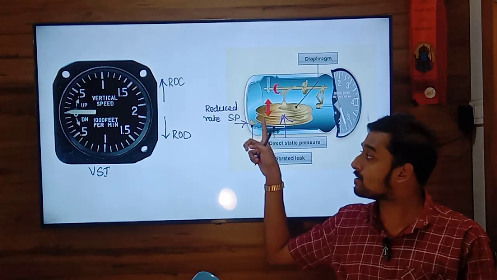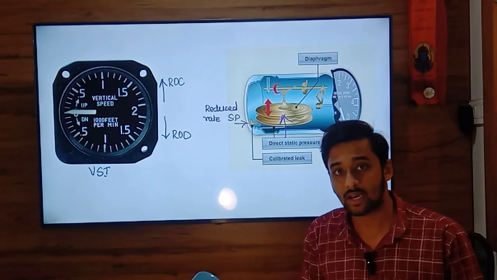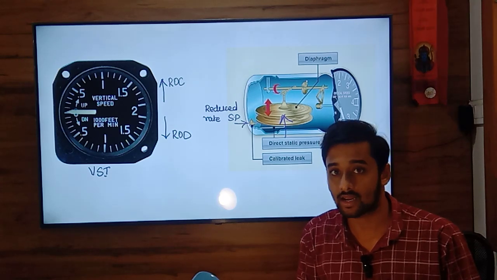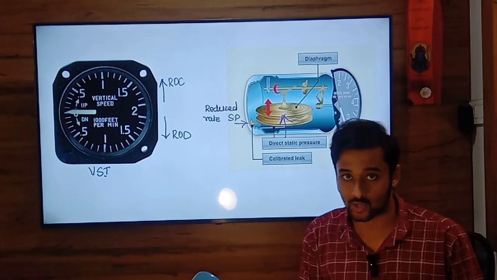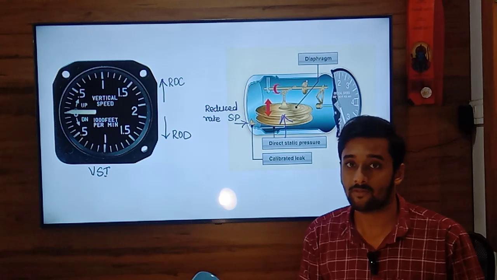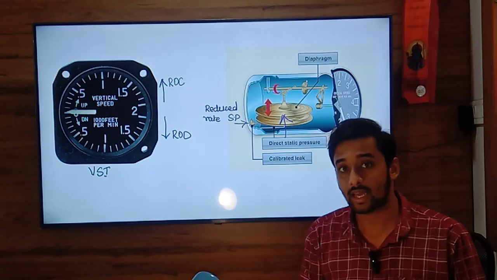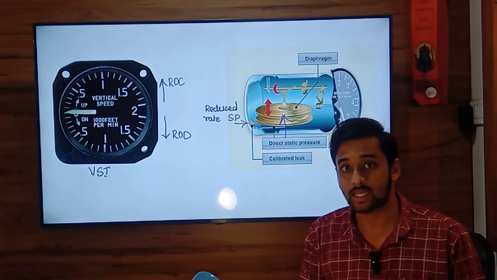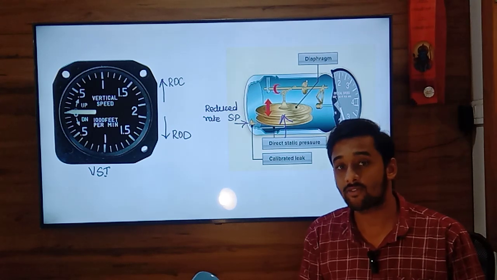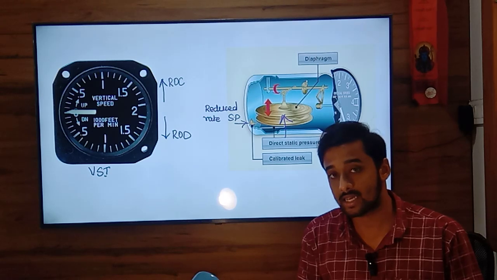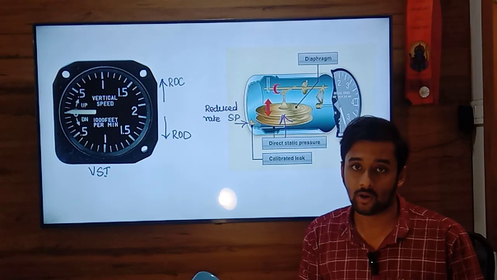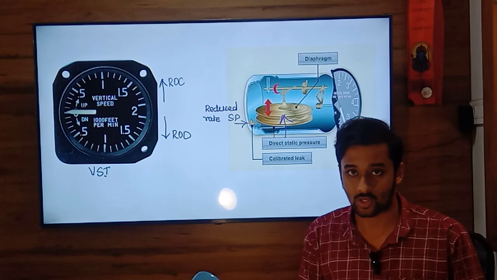That pressure will be compared with the pressure at which the calibrated leak releases calibrated pressure in the instrument. So if the difference between them is big, that means the rate of climb is very fast. If the difference between them is a little, the rate of climb or rate of descent is shallow or very slow.